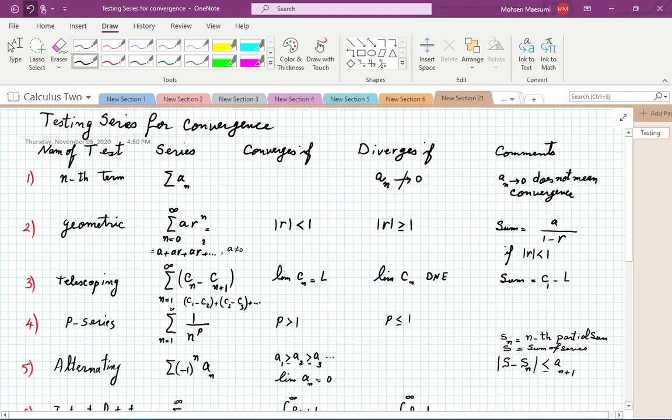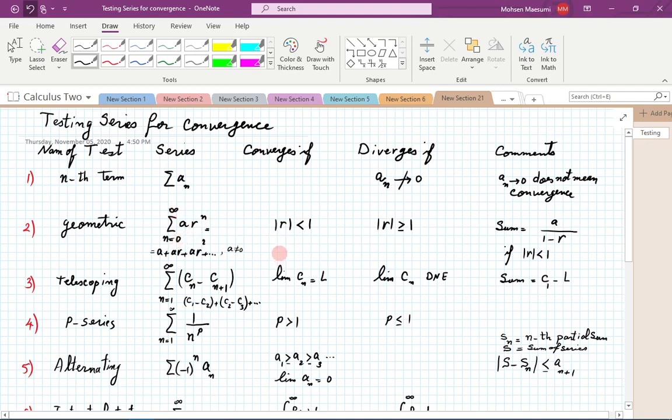The most important series perhaps in this section is the geometric series. That was a series made from starting with a number, and every time you multiply by a fixed multiplier and add up all the terms. The general form is a r to the power of n, starting from 0 to infinity.